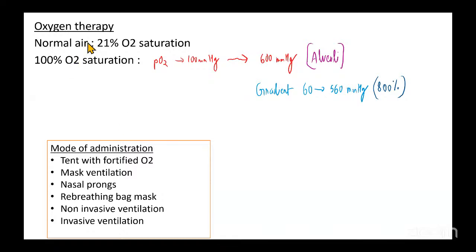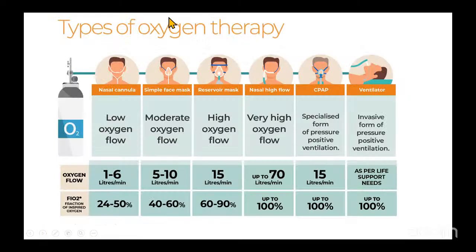Oxygen therapy can be given by various mechanisms. Sometimes I've seen it as a short note. You can give nasal prongs, mask with ventilation, tents, rebreathing mask, non-invasive ventilation, and invasive ventilation. This is something you would come across, especially during COVID times. We can use a nasal cannula, so the nose will be attached. You can give a face mask and give ventilation through that.